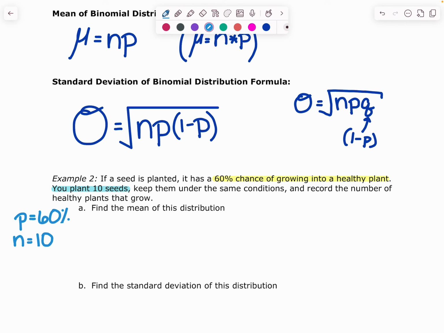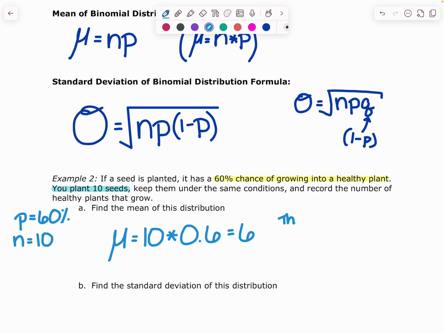So to find the mean, I'm going to take my n and multiply it by my p. Now we can't do math with percentages, so I'm going to turn 60% into a decimal, which is 0.6. 10 times 0.6 is 6.